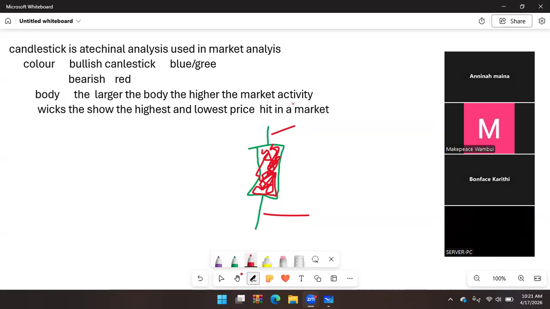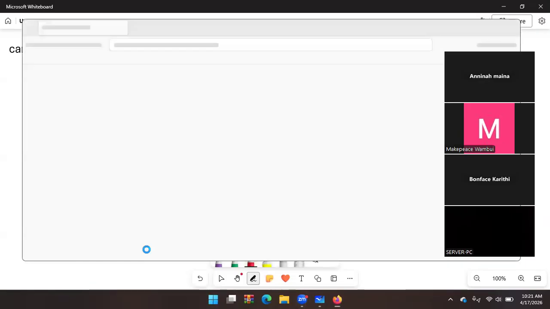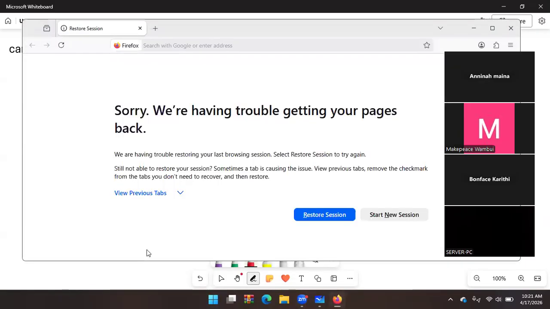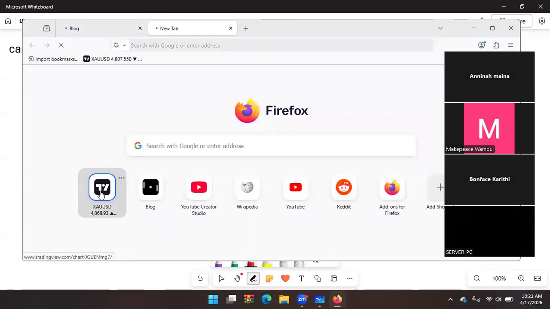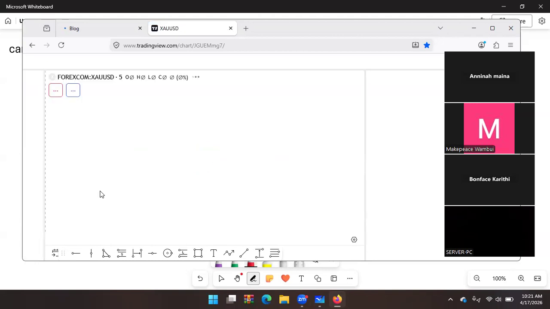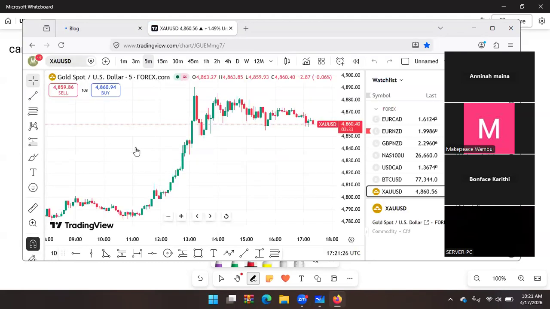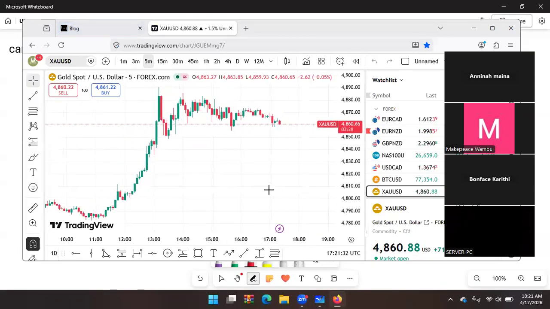Now, going to a real chart, so we can see what we are saying.